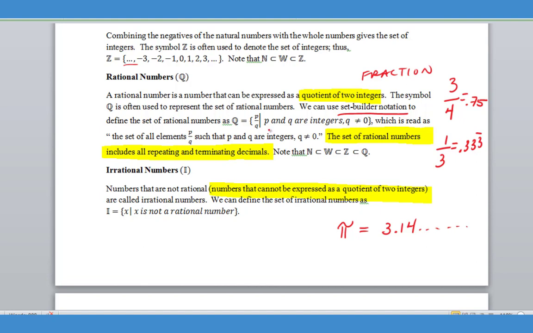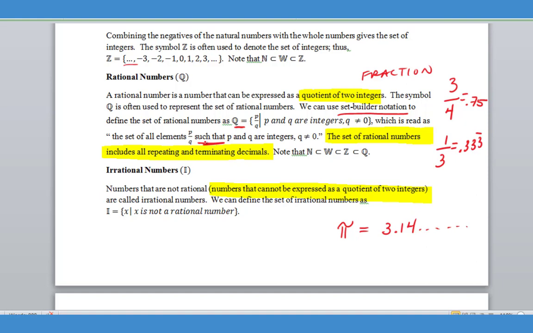If you look at the set builder notation for a rational number, it has p over q, which are representing integers, and that little bar represents the words such that. And so this reads the set of all elements p over q such that p and q are integers, but q is never equal to 0. And the reason it's not equal to 0 is because it would make it an undefined number.